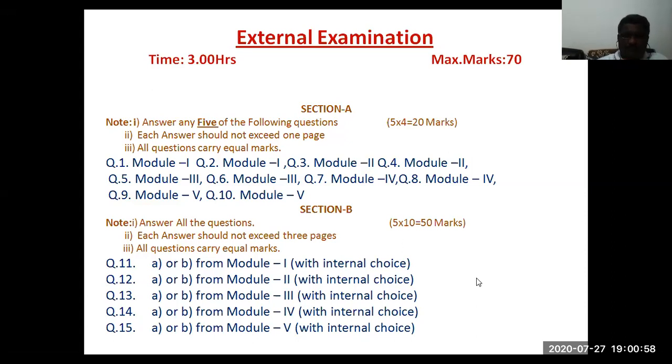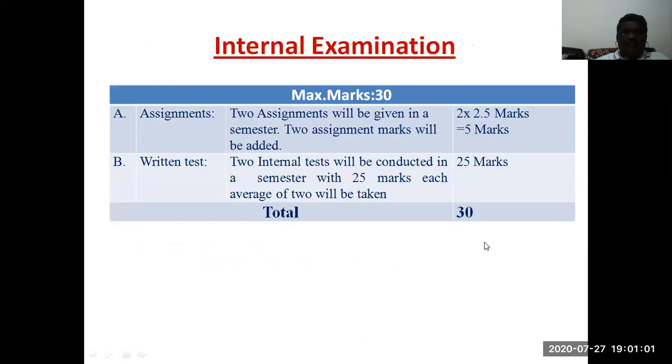So look at the internal evaluation. In this internal examination, two assignments will be given, not tests.